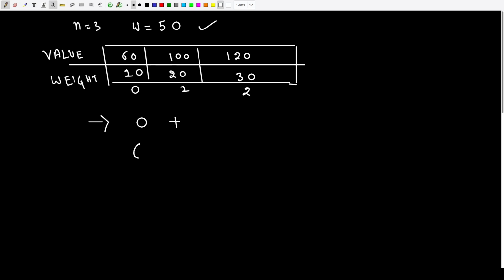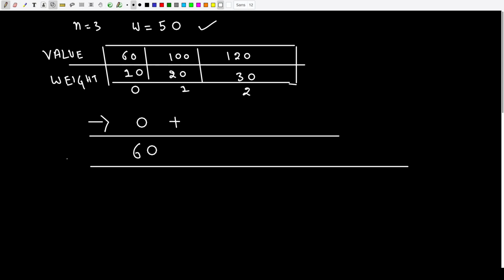Then the value will be 60. Here we write the value of the knapsack and the weight. Initially the weight was 50. Now since we have filled the first item in the knapsack and its weight is 10, the remaining weight is 40.